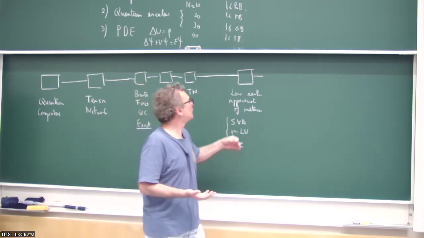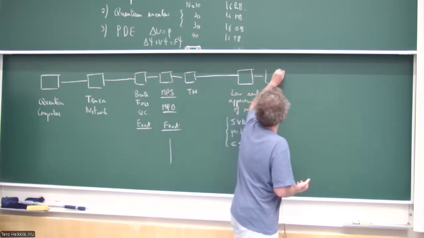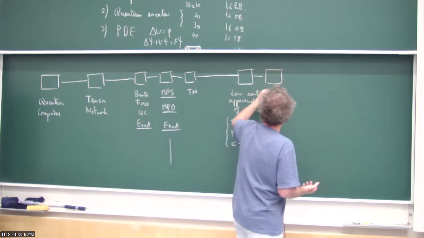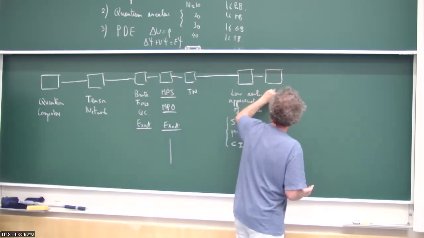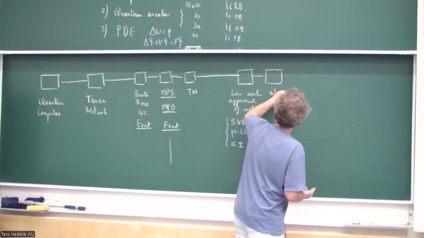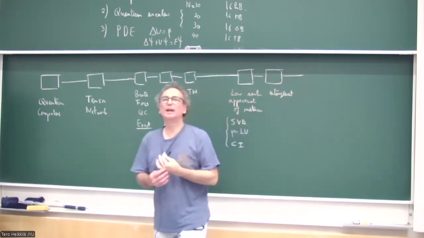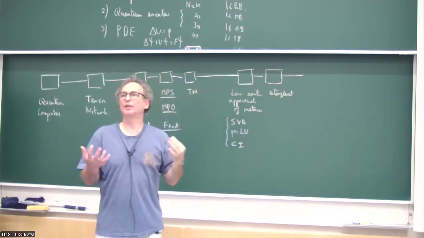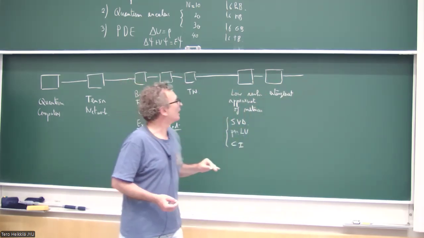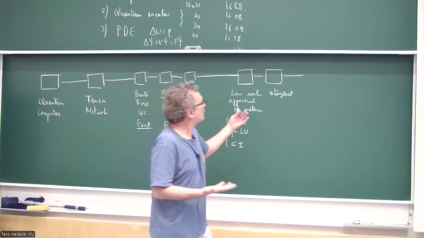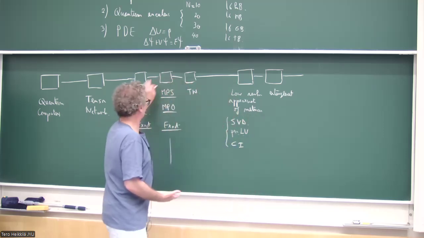And then we can start to discuss general things about entanglement. Things like area law, essentially discuss when a system is entangled or not. And then we can actually revisit these things.